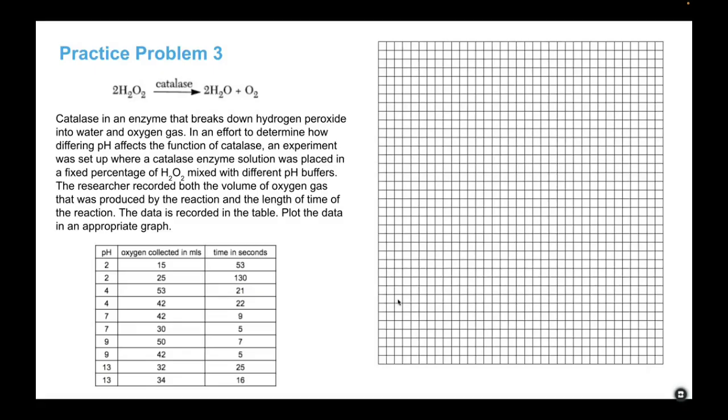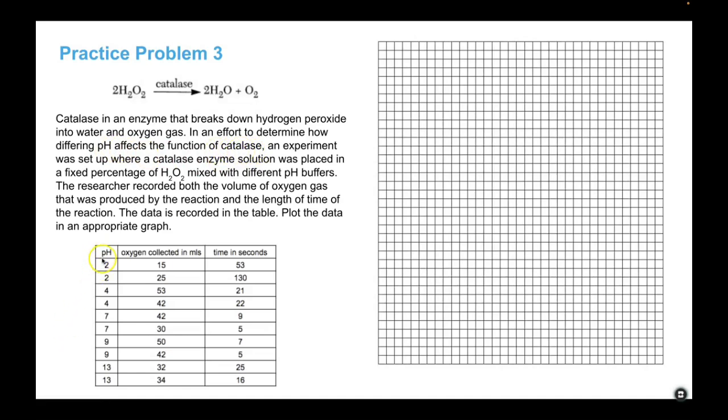Sorry, we have one more practice problem. We have catalase, which is an enzyme. Anything that ends in ase is usually an enzyme. And pH. All right, so here you want to see how pH affects the enzyme functionality. All right.